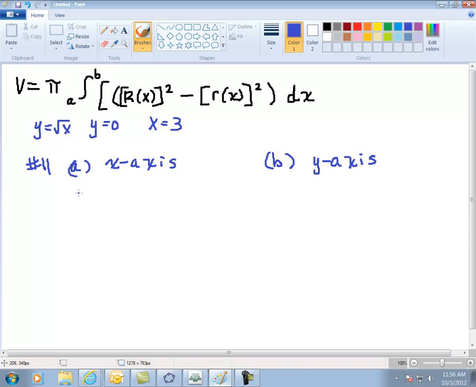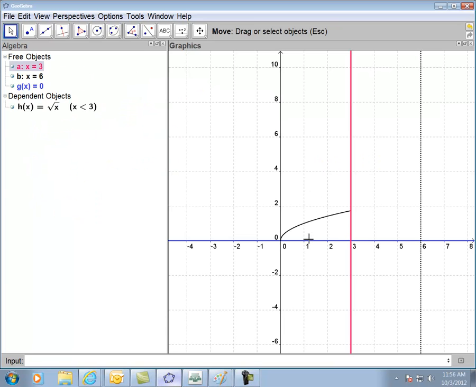So my volume in part A is going to be equal to pi times the integral from a to b. I need to figure out what the outer radius would be. Remember, I'm just going to take this and revolve it around the x-axis, thinking about spinning this around. It doesn't have a hole in the middle, so the inner is 0, but my outer radius is going to change along this curve.